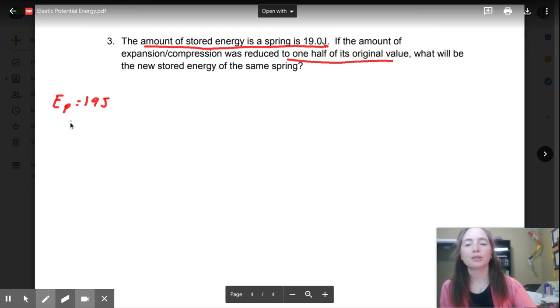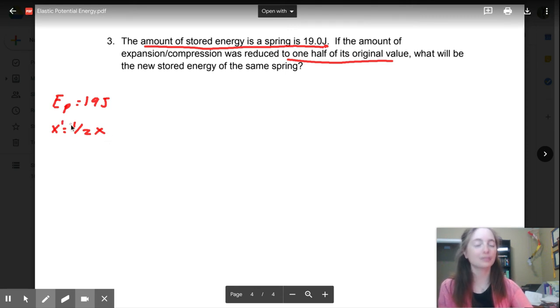Okay, so that means, well, if the amount of expansion or compression was reduced to 1/2 of its original value. Okay, so that means, I'm just going to write that as a half there for now. So half of its original value. Our x prime is going to equal 1/2 of original x.